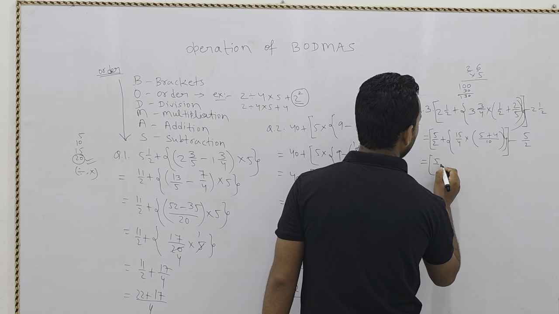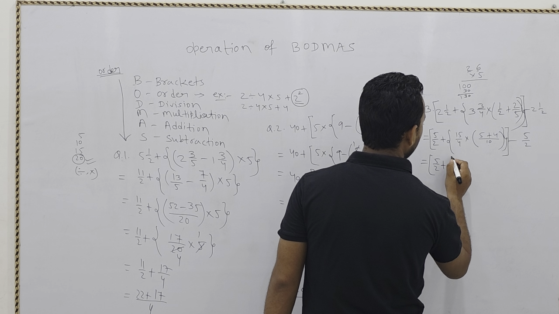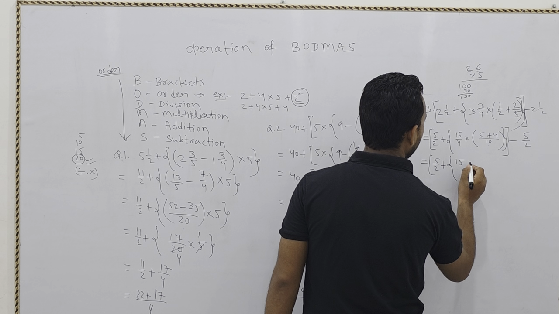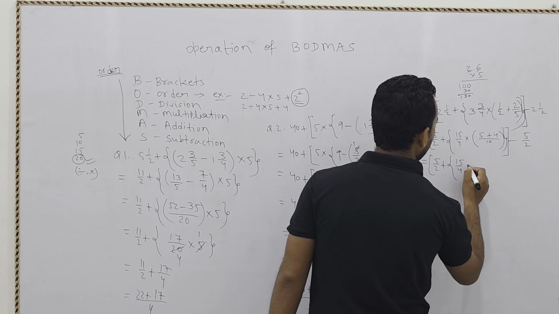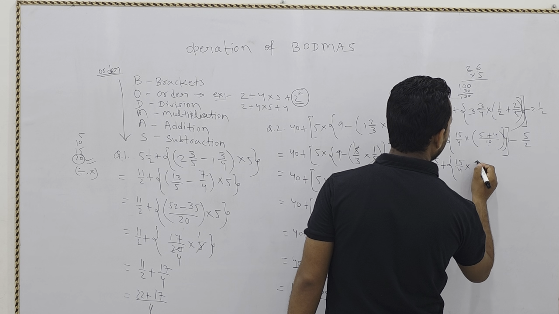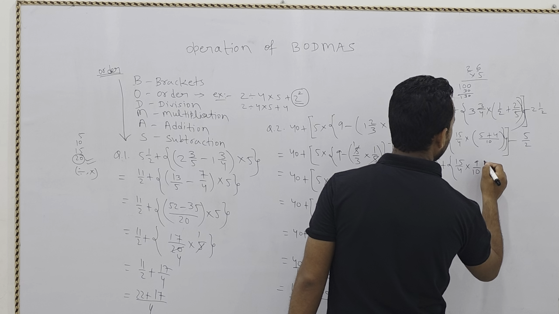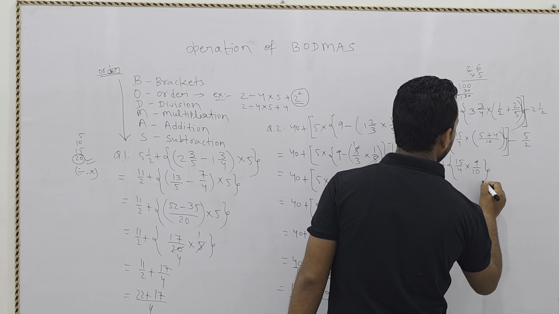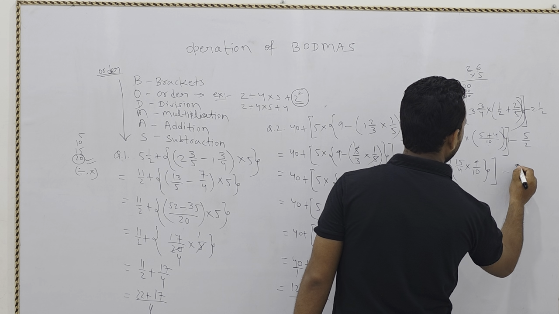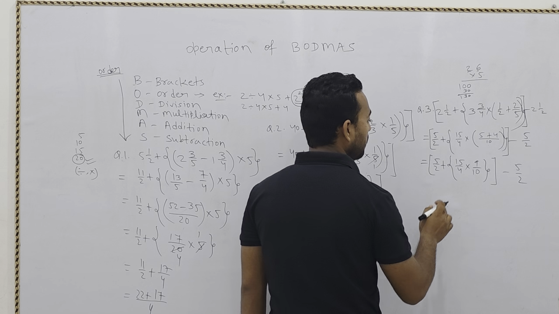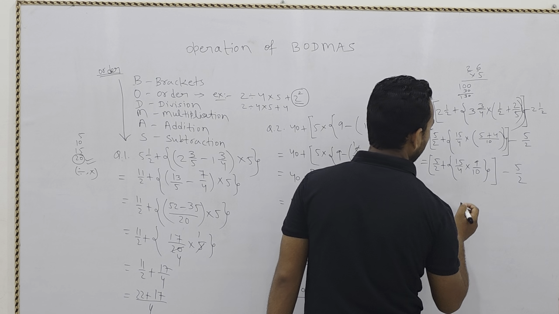Now bracket 5 by 2 plus curly bracket 15 by 4 multiplied by 9 by 10, then curly bracket and large bracket, minus 5 by 2. Here if it is possible to cut, we can cut.